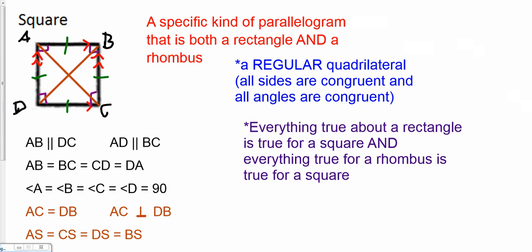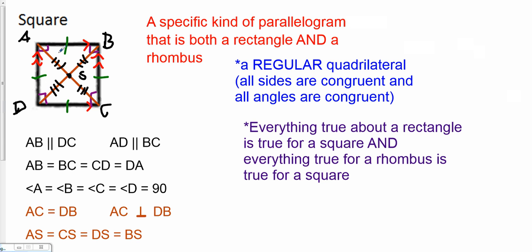If I labeled that spot right in the middle where they cross, I'm going to call it S. A to S is the same as C to S. That's true for any parallelogram. These two bisect each other, but specifically because this one is square, I can say that all of these half pieces are the same as each other.